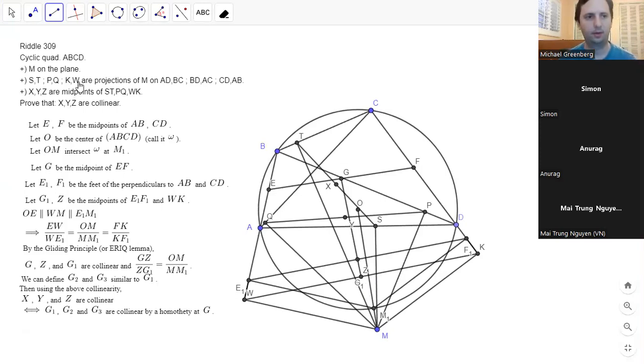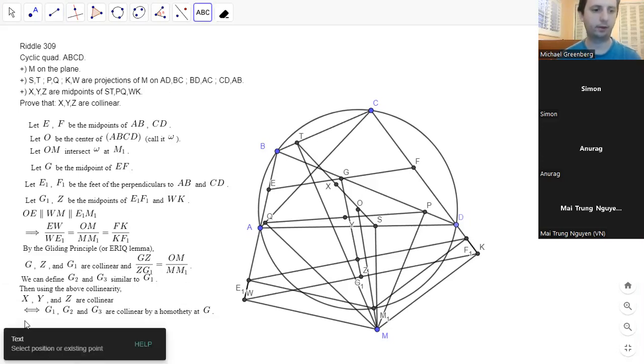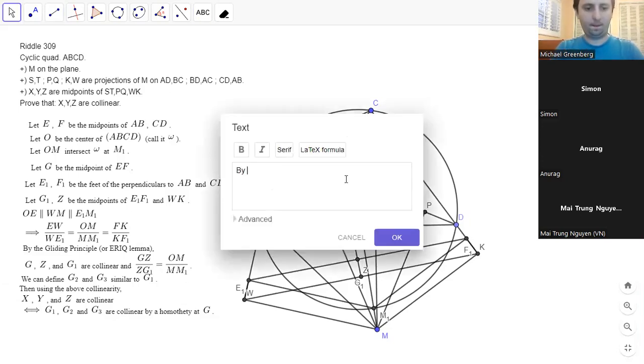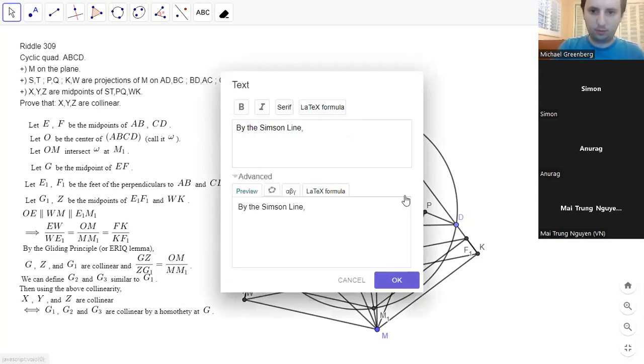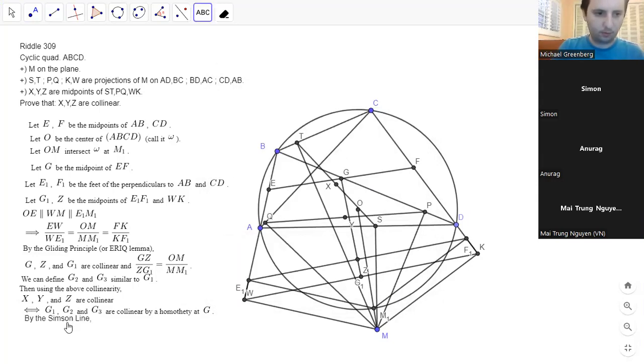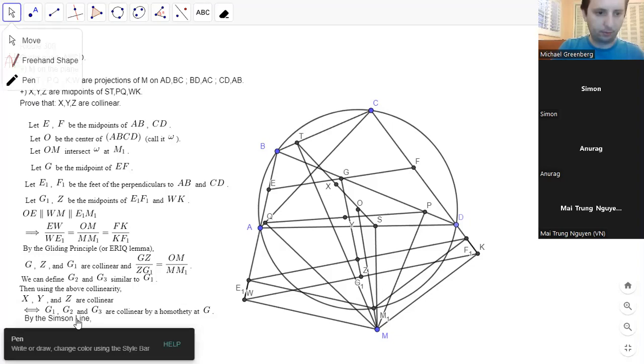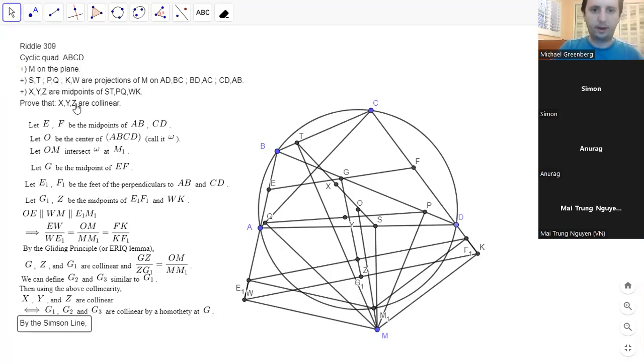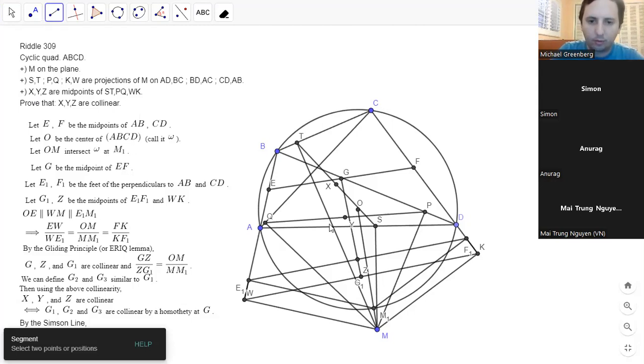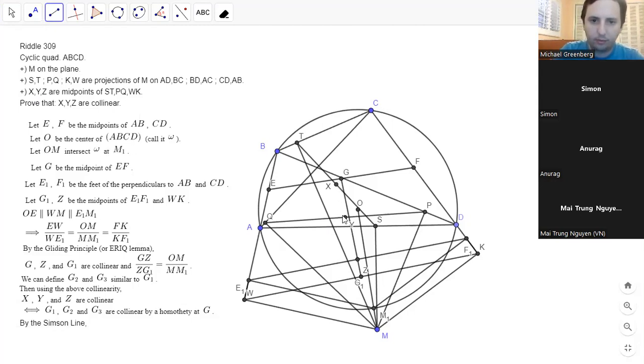There we go. Okay, so once we know that, by the Simson line, we have a bunch of collinearities. So, whoops. Sorry. Yeah, my GeoGebra is not going so well today. But okay, so we ultimately wanted to use the Gauss line. Oh, but I didn't draw G2 and G3.